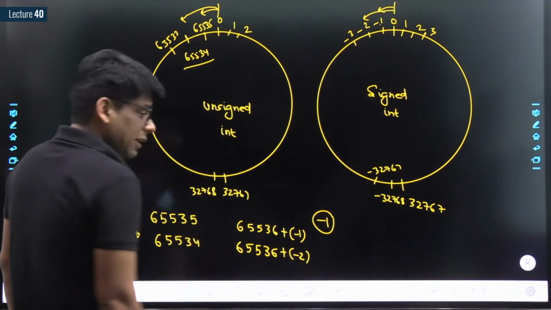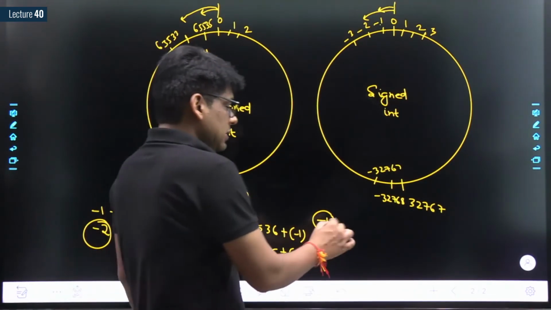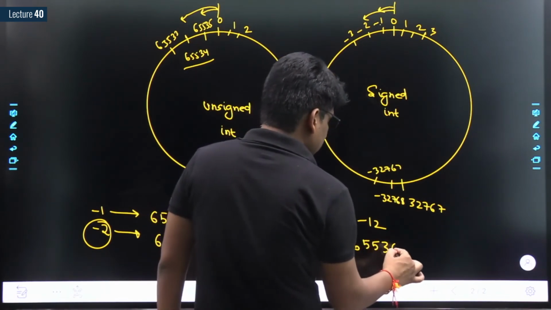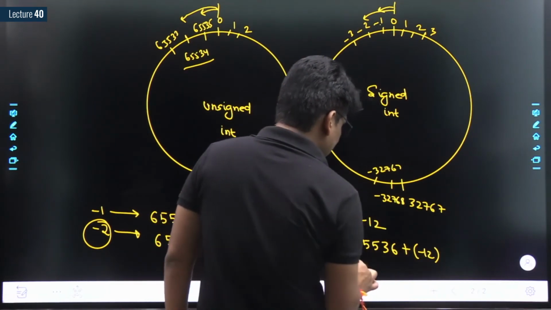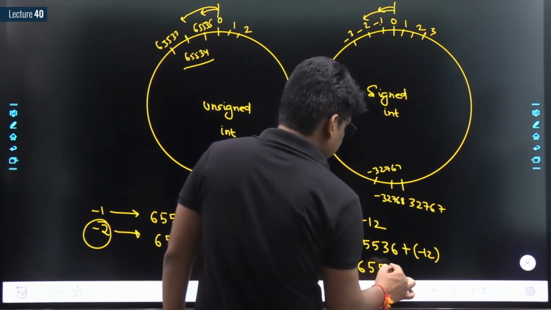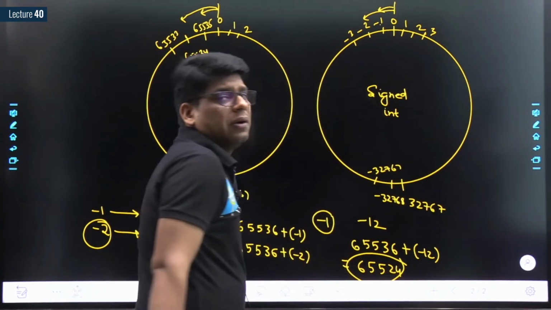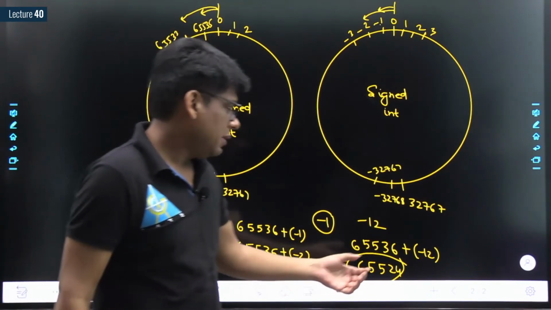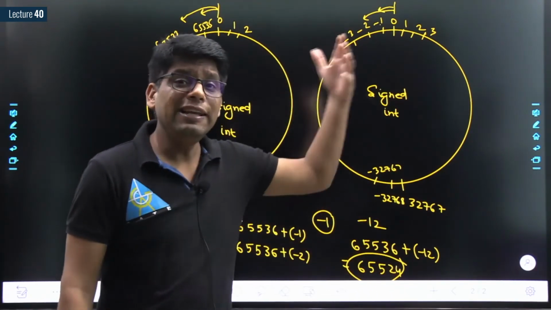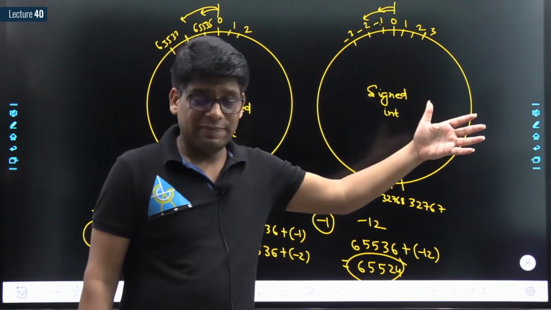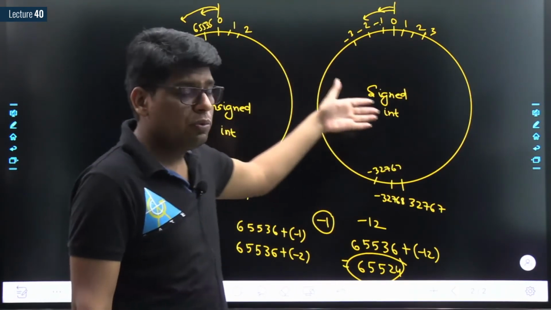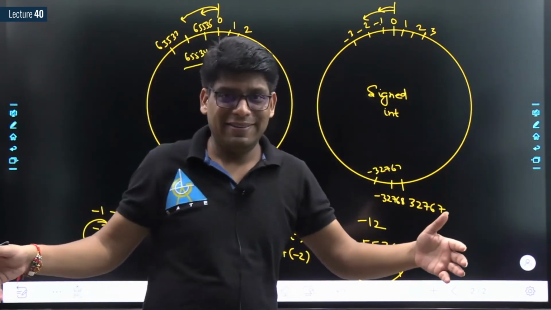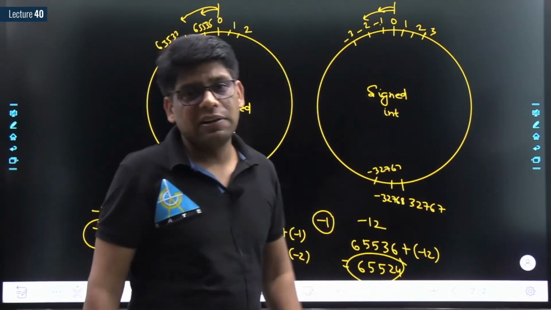Similarly, if I ask what is the unsigned value for -12, you will say 65536 plus -12, so 65524. What I wanted to tell you is that the unsigned value for -12 is very, very large. Here I am considering integers of 2 bytes. If you consider int of 4 bytes, the value will be even larger, far greater than 1.